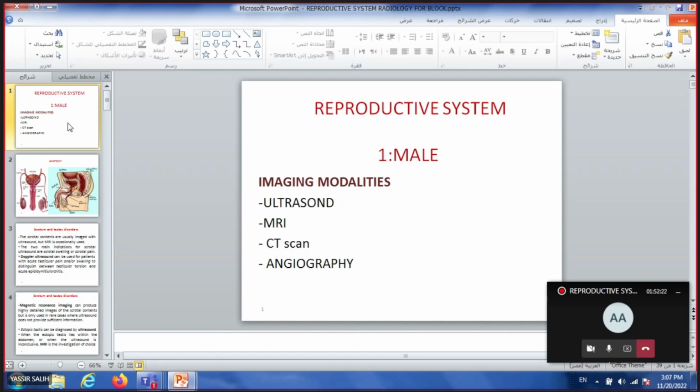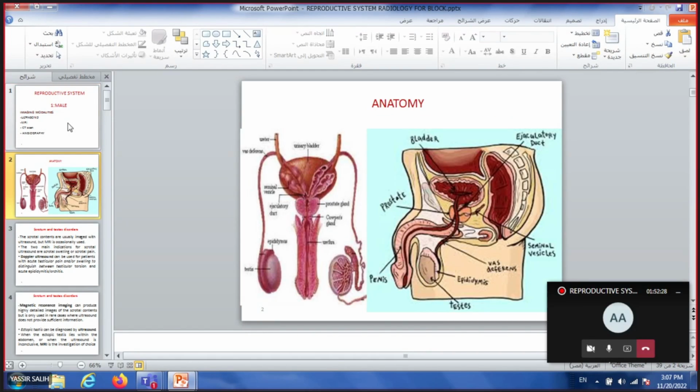If there is any slide not clear or any point needs more explanation, feel free to ask.